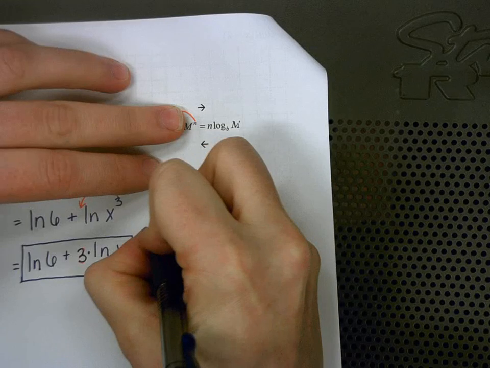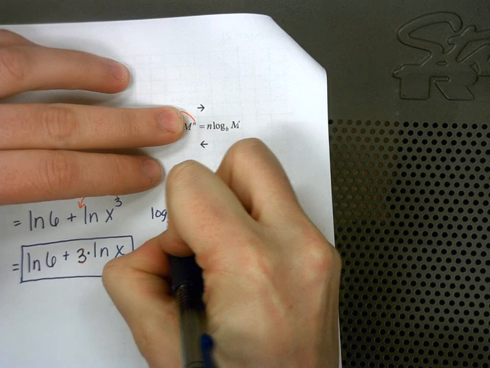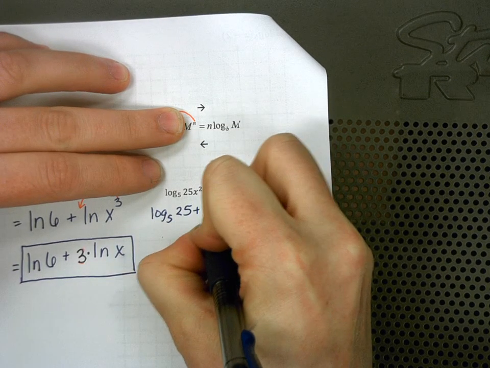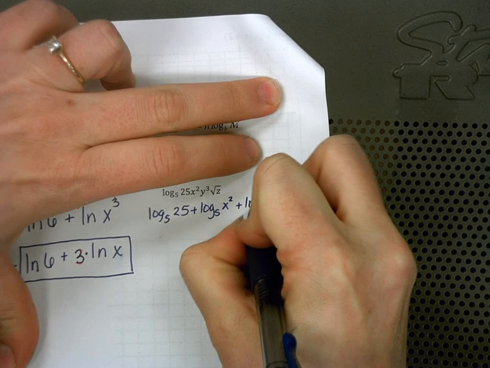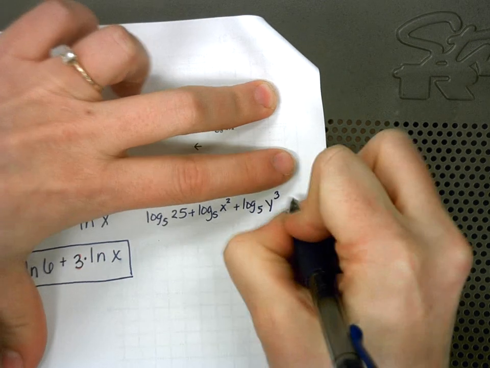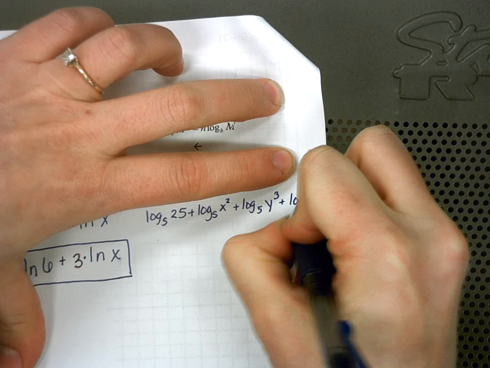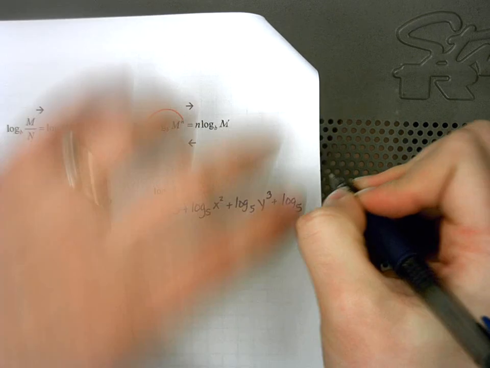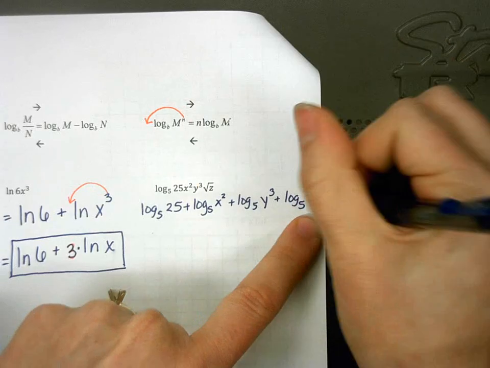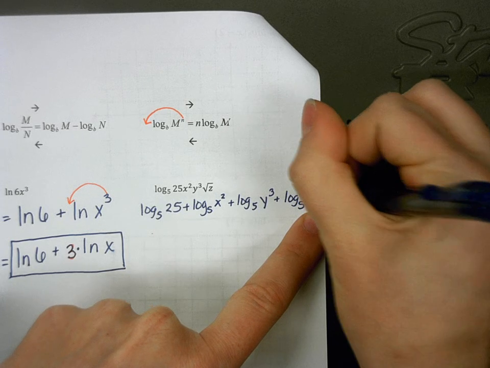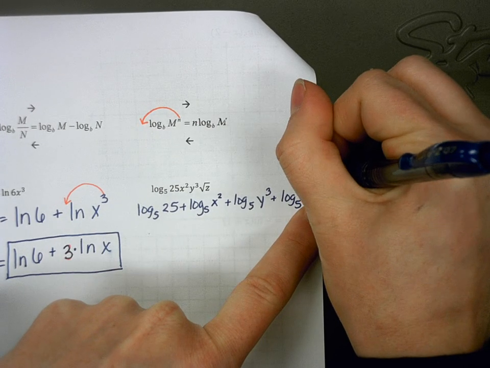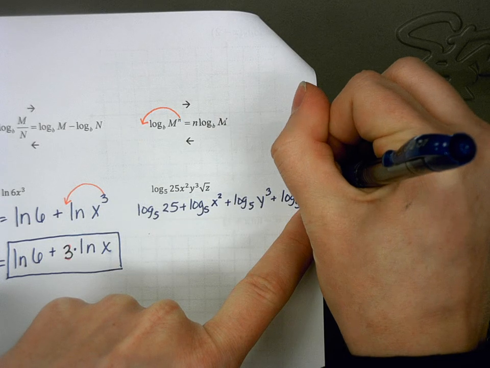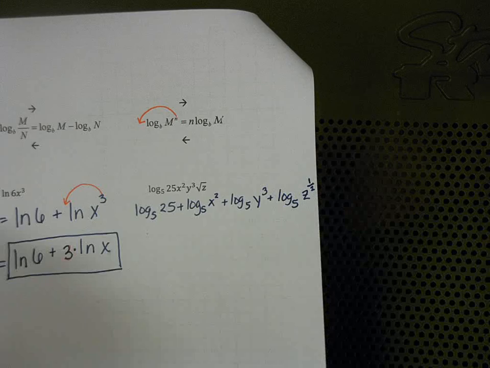So this would be log base 5 of 25 plus log base 5 of x squared plus log base 5 of y cubed plus log base 5 of, let's rewrite the square root of z as an exponent because everything else is an exponent. Square root is the same as writing the exponent of 1/2. Good.